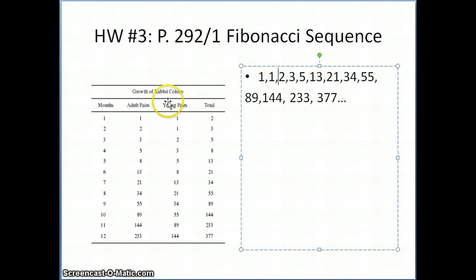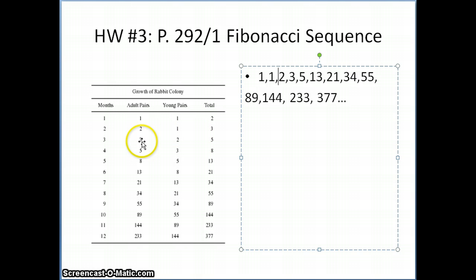And then the second month we have two pairs, one adult pair, one young pair. And then suppose the adult pair gave birth to one young pair. Then altogether in the second month we have 3 pairs.